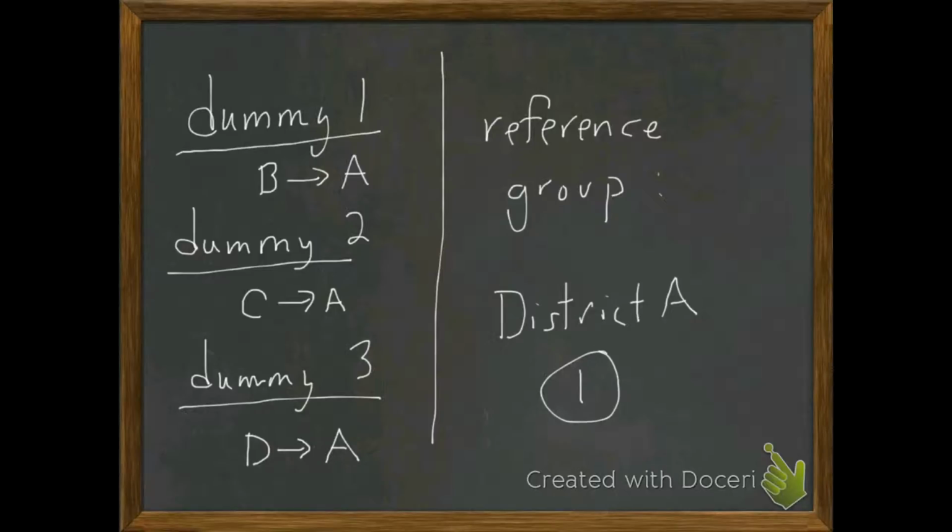Now, how you choose your reference group usually depends on the clear intent or a sub-goal of your study. If you're doing a study on race, and for example, maybe you want to compare other races to Caucasian, maybe there are just more Caucasian students in your district.